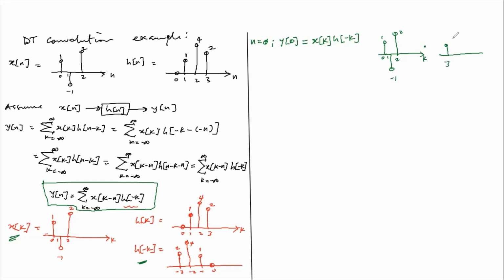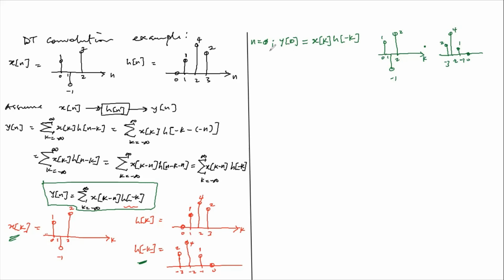Which is 3, minus 2, and this is minus 1, 0. This is 2, 4. So you see that at 0, we have a value that overlaps.